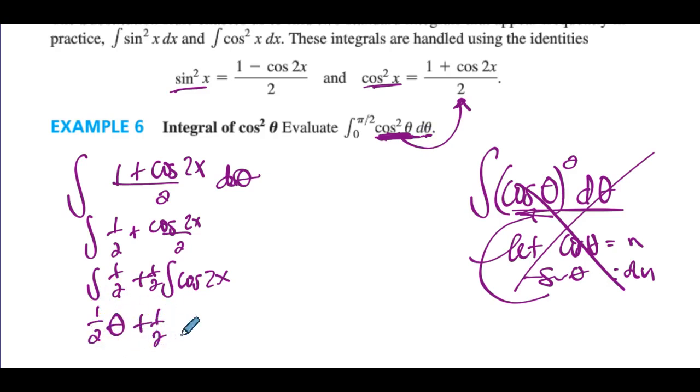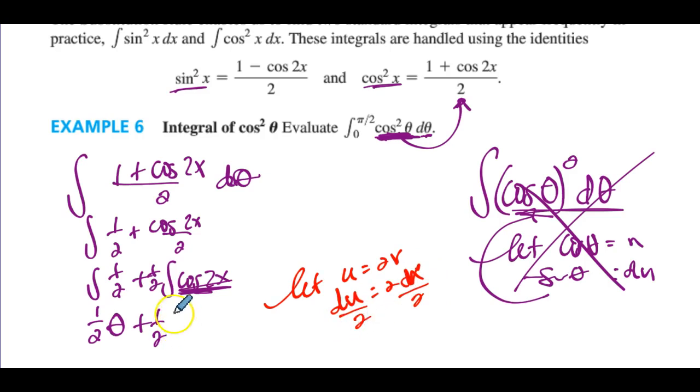1/2 stays out here. Now this is tricky. Here you could do a u sub. You could let u equal 2x, du is 2dx, and then you have to divide by another 2 and pop that out. So another 1/2 pops out. That's from this red. So this 1/2 is this 1/2.